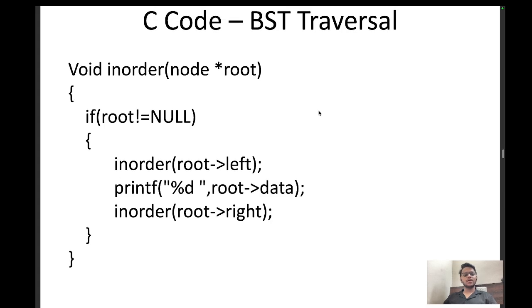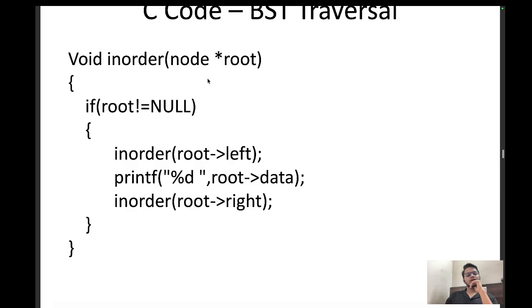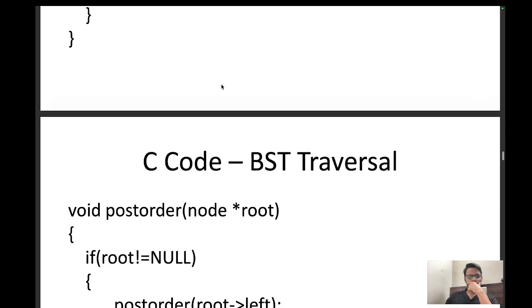For example, in the main function, if you write inorder and in brackets you pass the parameter root, then arrow, and you write right, it will move to the rightmost part of the selected parent. Similarly, if we pass root, then arrow left, then it would shift to its left child, the left part of the parent. So this was the code.